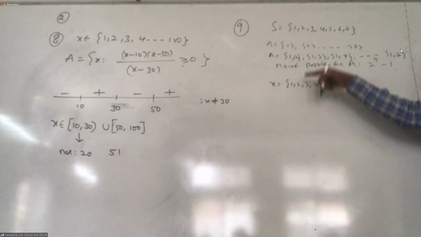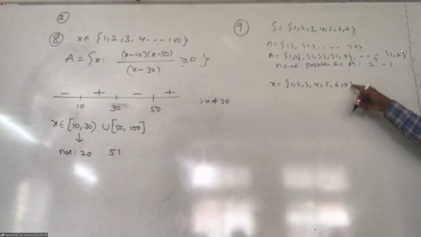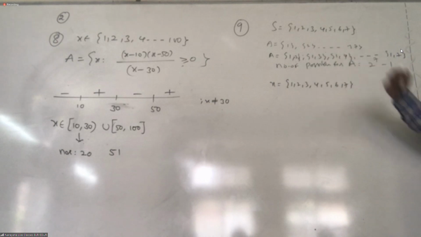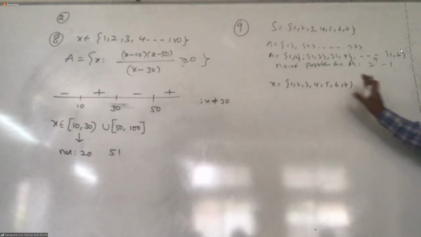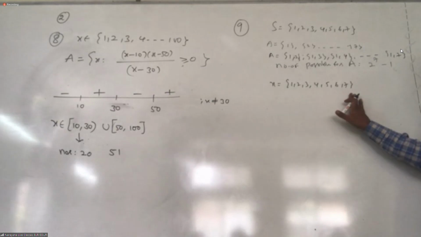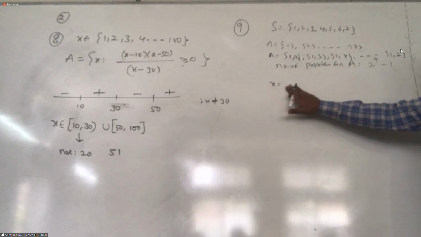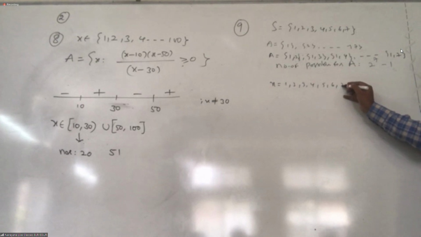And X, what they want here is that this element X we are taking should belong to A. X can be any one element only, X is an element of S. It's not that X is a set. X can be only 1 or 2 or 3 or 4 or 5.